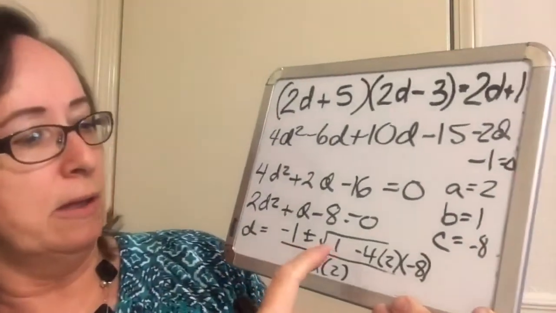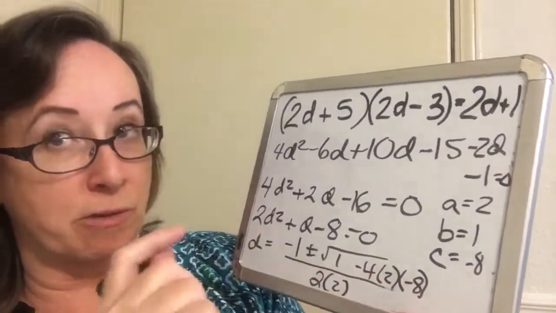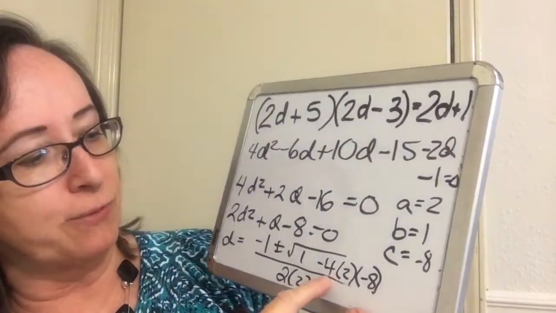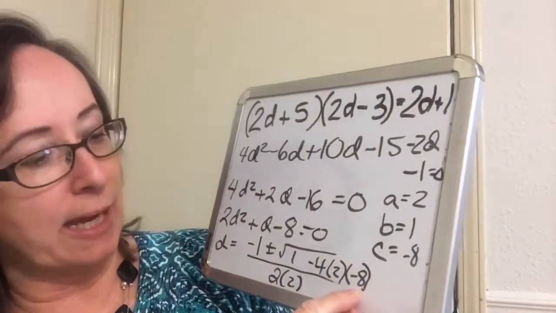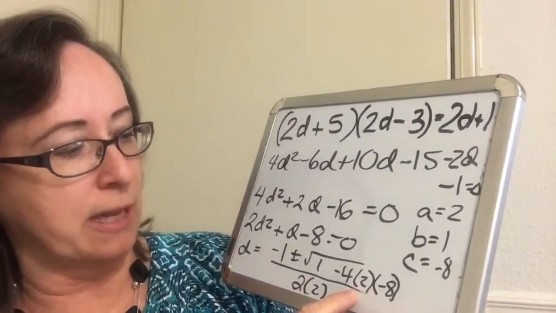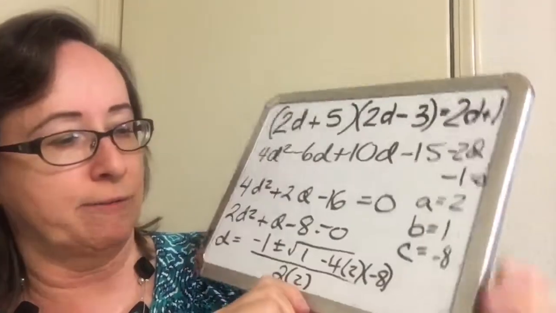Okay, so now underneath, underneath there is going to be the discriminant. We're going to talk more about that in the next section. But negative 4 times negative 8 is positive 32, times 2 is 64, and 1 plus 64 is the square root of 65.